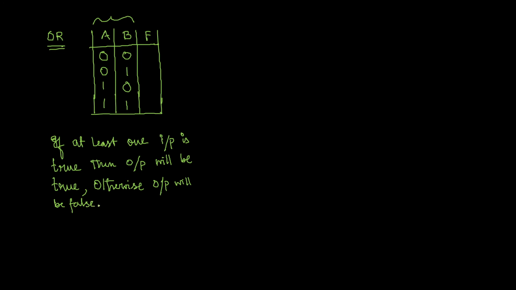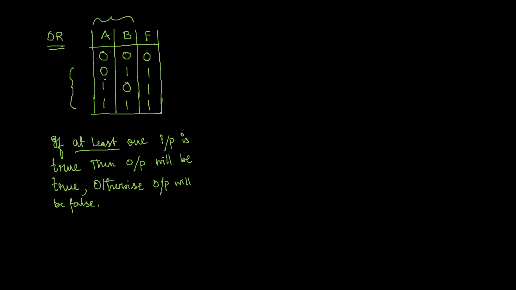Here the condition is again very specific, that at least one input. So you don't need to check whether both inputs are 1, right? If you check the combinations of A and B, you will see that for these three cases there is at least one input which is true. If all the inputs are true, then also obviously that is fine, because that's beyond at least, right? So in these three cases it will be 1. But in this first case there is no input which is true, so the output will be 0, that means false.